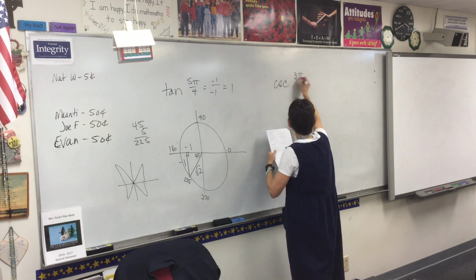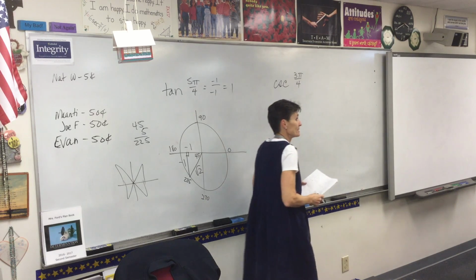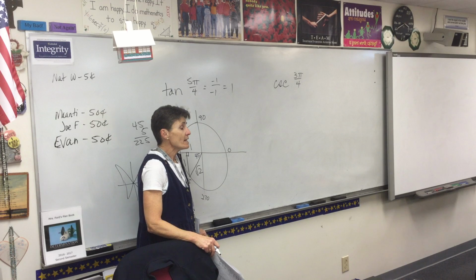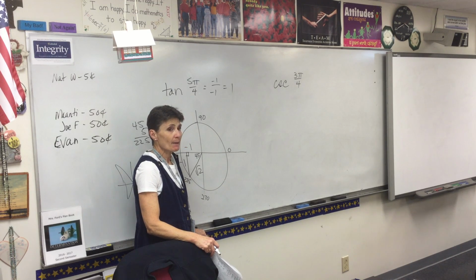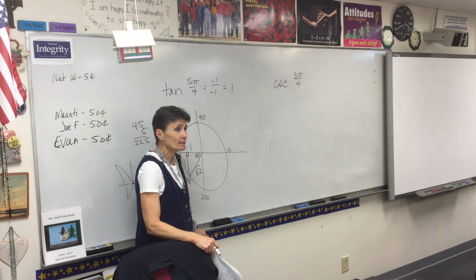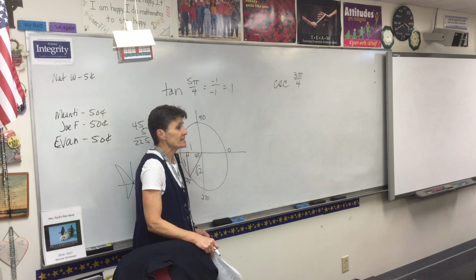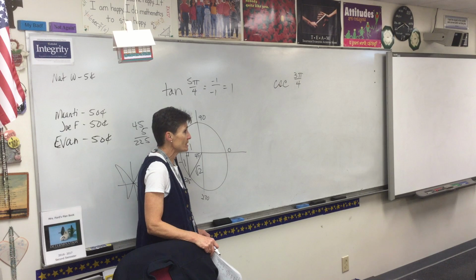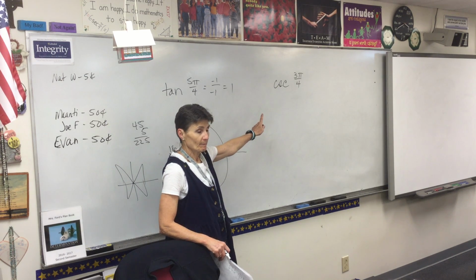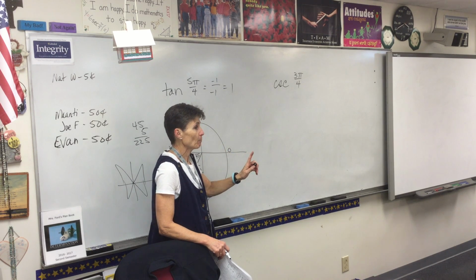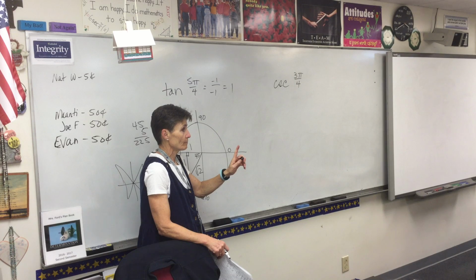Cosecant 3 pi over 4. Let's go through this step by step. Zion! We are going to go through this step by step, and I want everyone to know what's going on. So if at any step you are confused, you need to let us know. So here's the problem. What is the first step we're going to do?